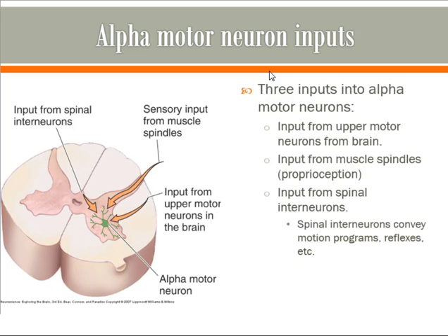There are also little motor programs, like we talked about, little walking programs, for example, present within the spinal cord, that can also feed into the alpha motor neurons and cause them to contract at certain times. So it's not just a brain to spinal cord to muscle sequence, even though I tend to think of that as the main sequence, maybe the easiest one to understand.